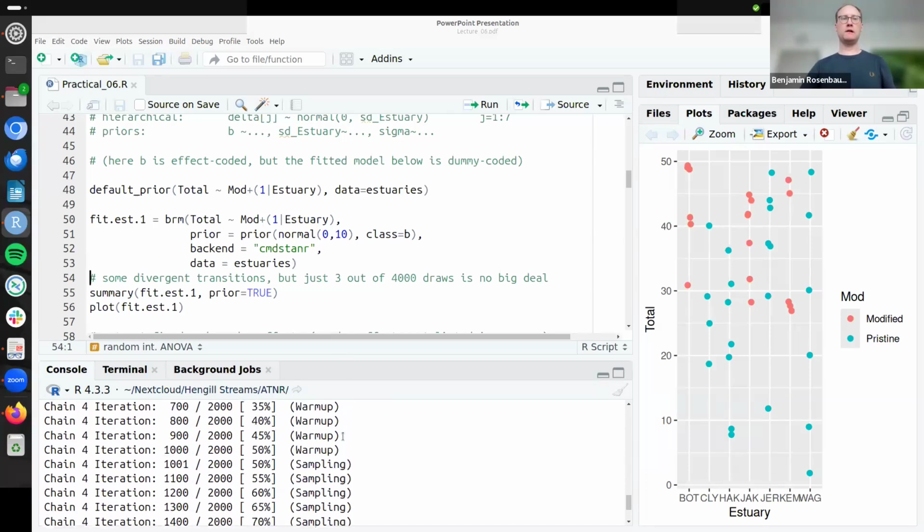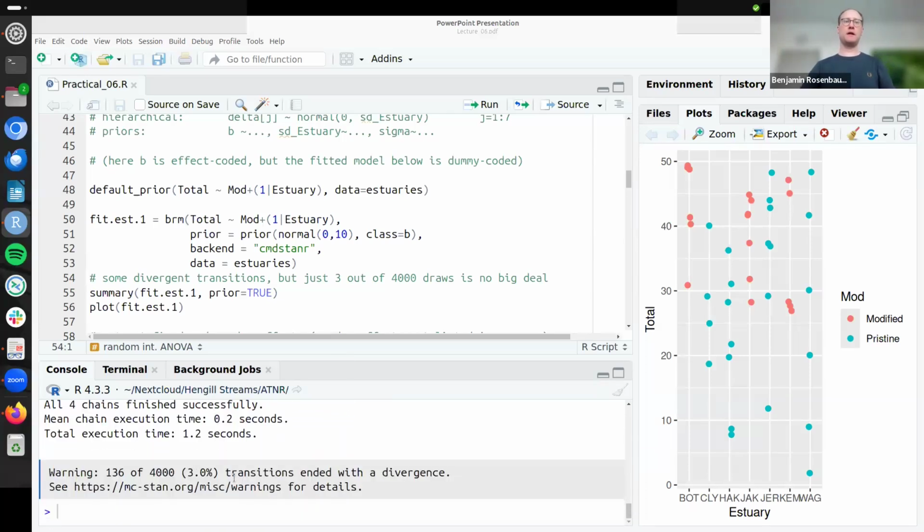So we fit the model. We get a warning message that a couple of transitions ended with a divergence. Okay, what does this mean? This is a warning message you should take seriously. If it's just one or two, I wouldn't mind, but over 100, this is concerning. What does it mean?